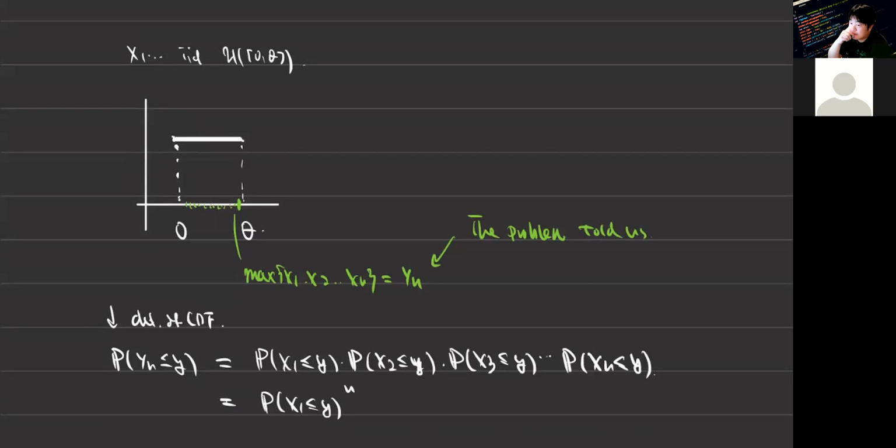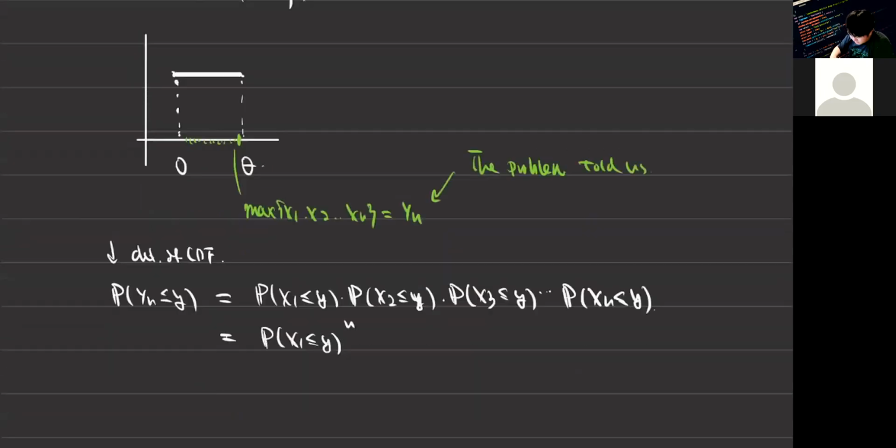I'm sorry, I got confused in example 3.9.6 that they referred to. So right now over here, it's y over theta to the power n, because of the logic that you told, from 0 to theta.